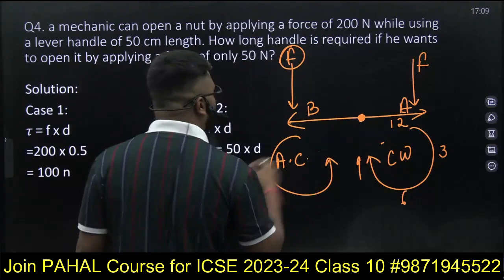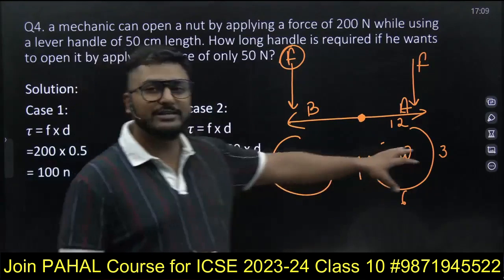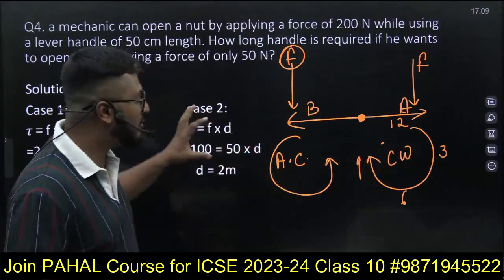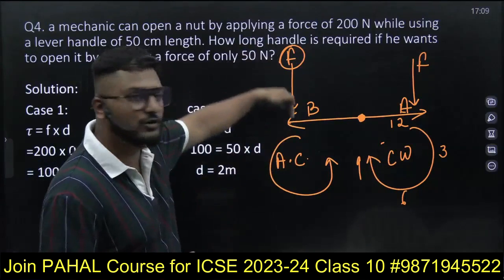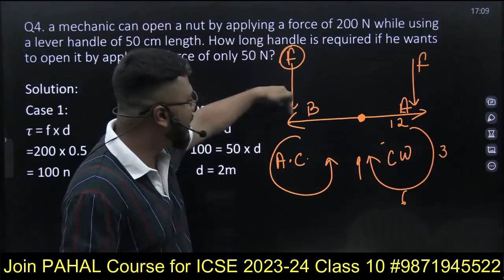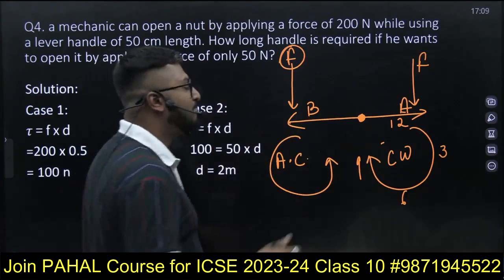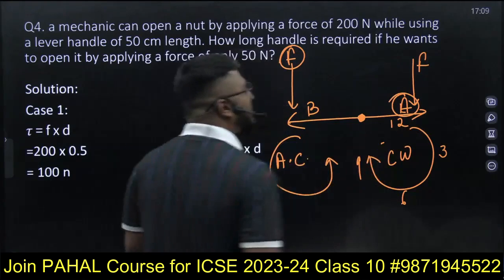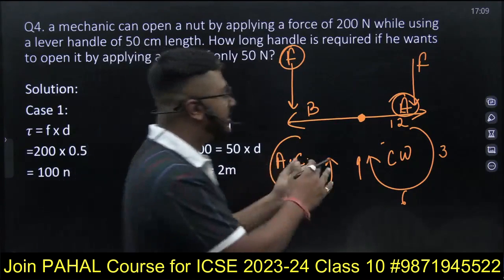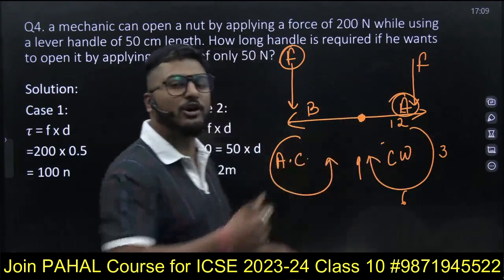So this is clockwise direction, this is anti-clockwise direction. If we apply a force at point B, this object will rotate in anti-clockwise direction, whereas if we apply the force at point A, it will rotate in clockwise direction.